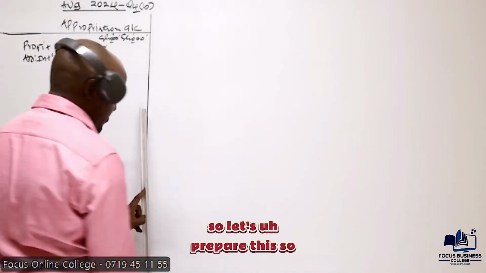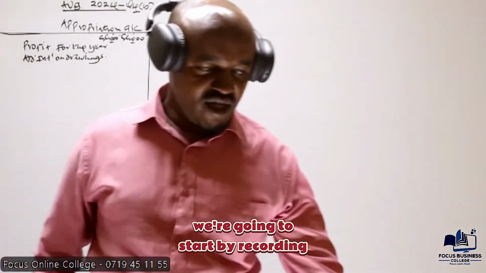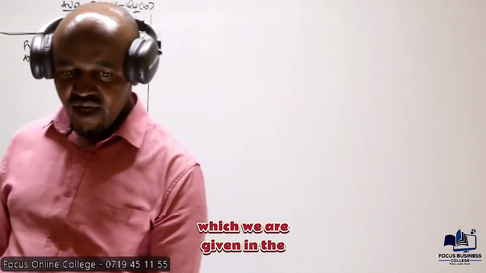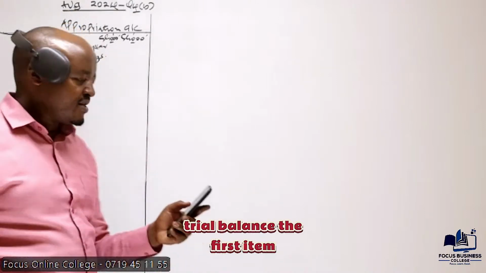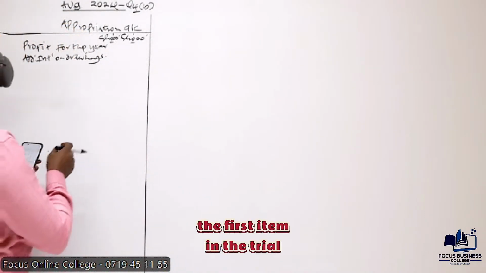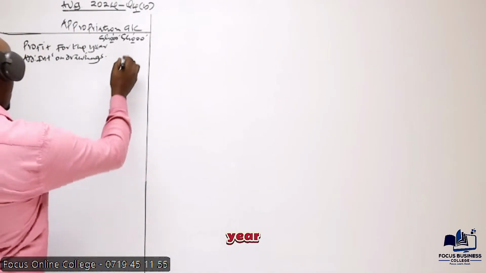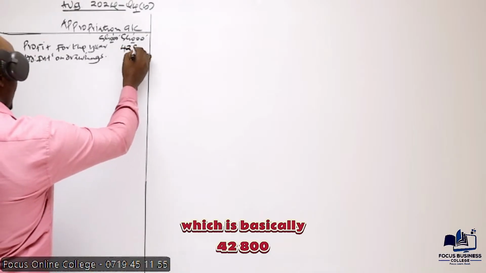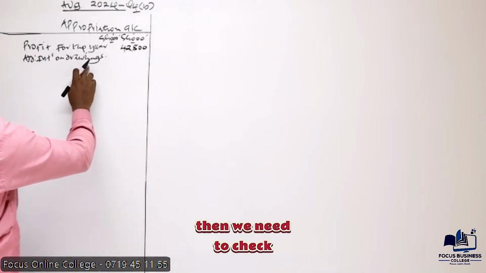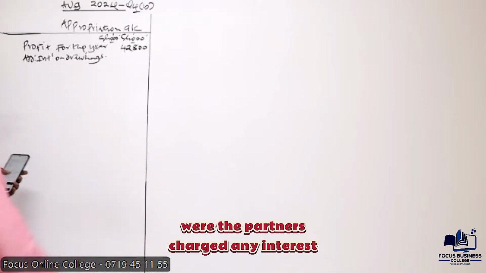So let's prepare this. We start by recording the profit for the year, which we are given in the trial balance, the first item. The first item in the trial balance is the net profit for the year, which is 42,800. Then we need to check whether the partners were charged any interest.